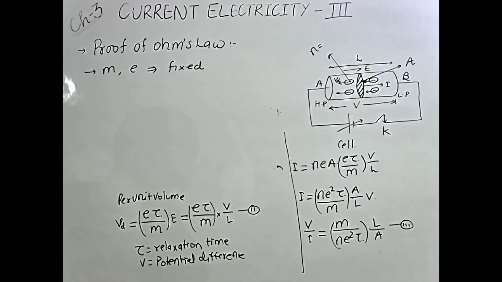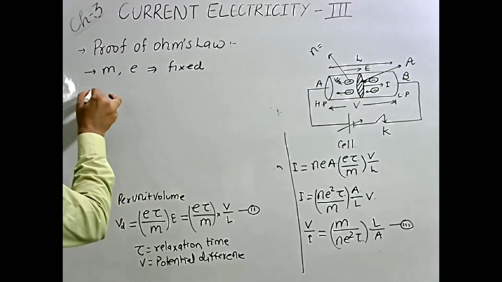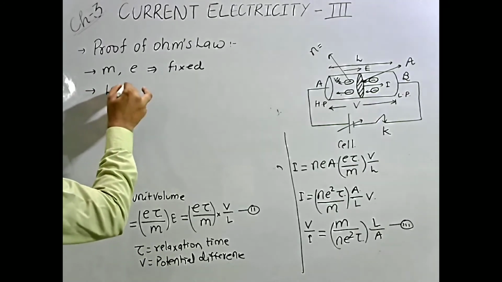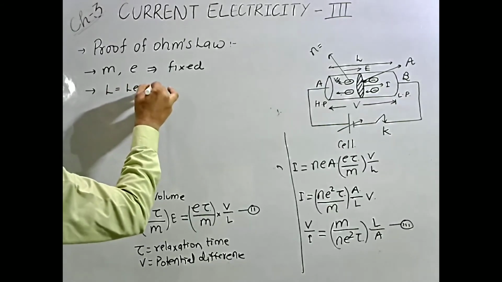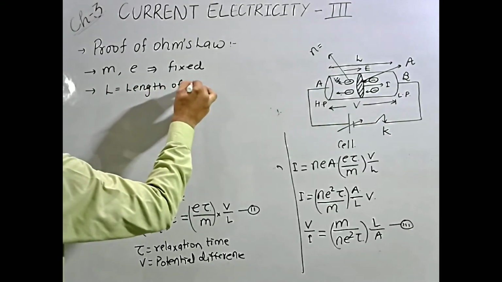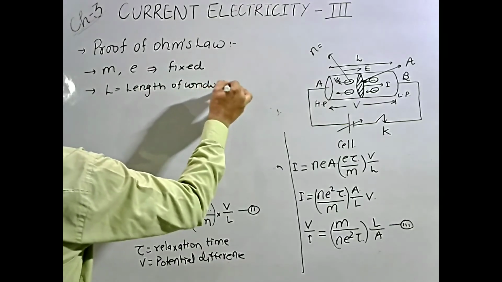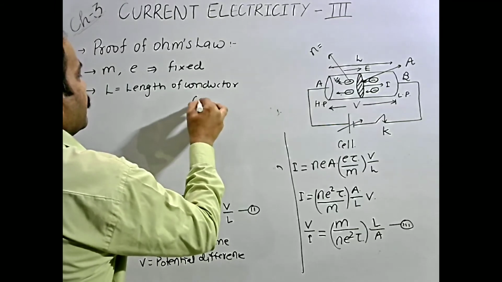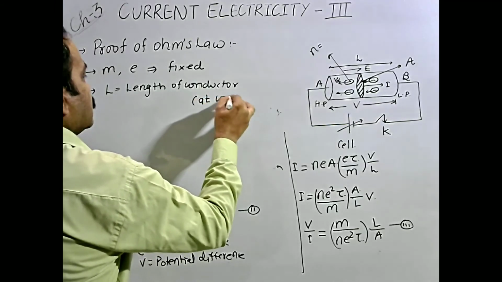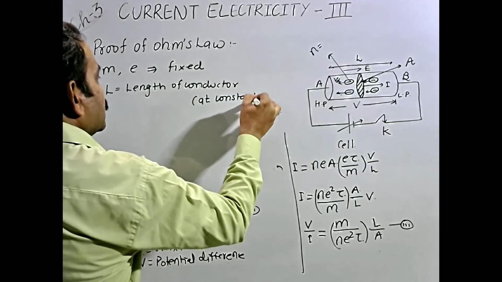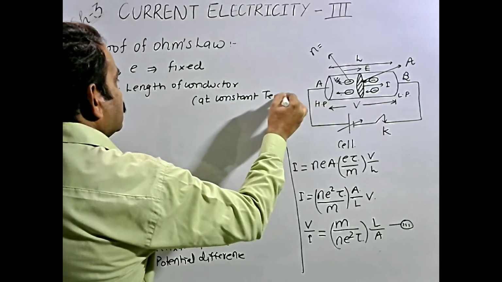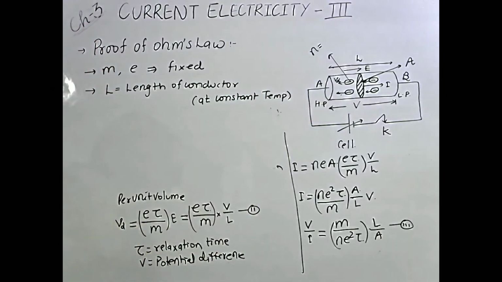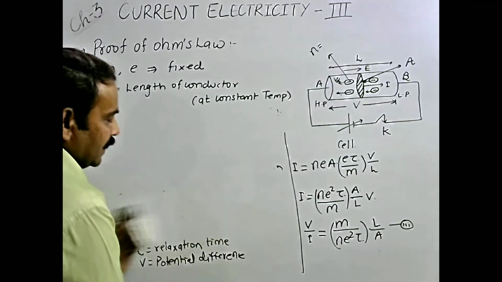Now L is the length of the conductor, which remains fixed at constant temperature. Clear? If temperature is constant, there is no change in the length of the given conductor.